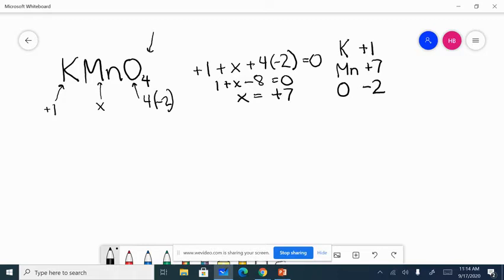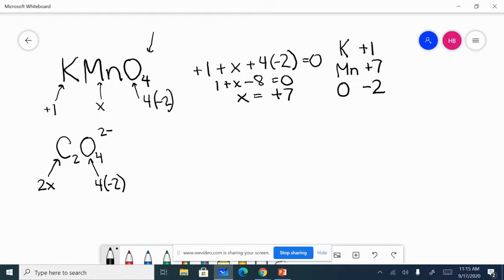Let's do a polyatomic ion. This polyatomic ion is called oxalate. So we have oxygen in there, which we can count on being -2. And carbon's another one. We have 2 of them, but we don't know what the charge is going to be on him.